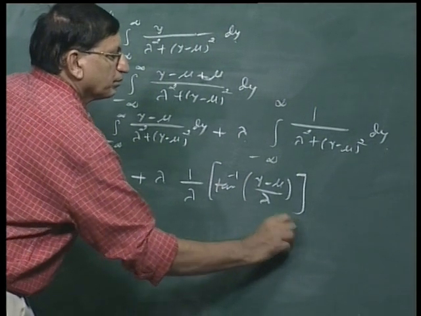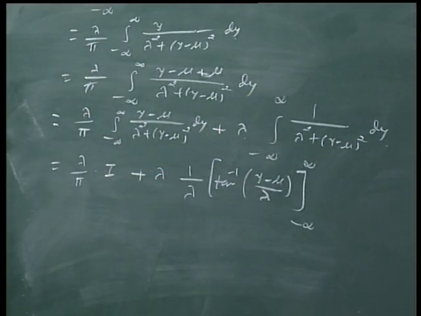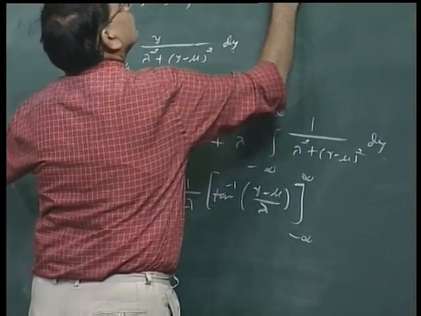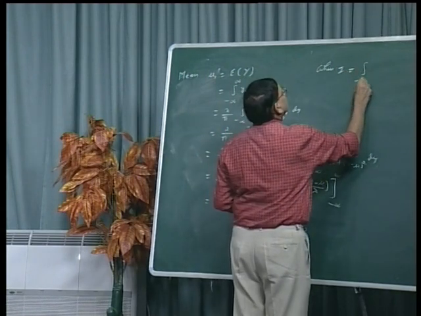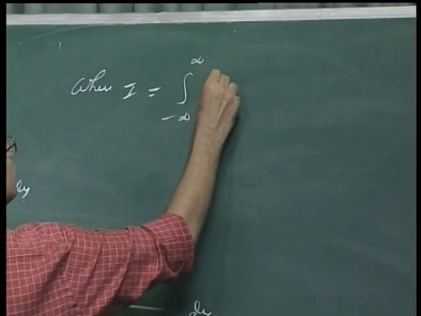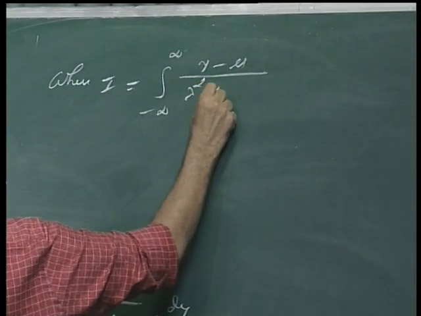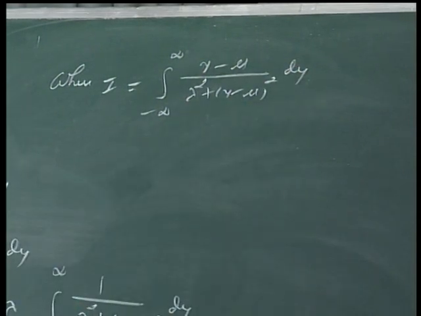It is of the type 1 upon x square plus a square. So the integral is 1 upon a tan inverse x upon a. Where this I is equal to integral minus infinity to infinity (y minus mu) upon lambda square plus (y minus mu) square dy.